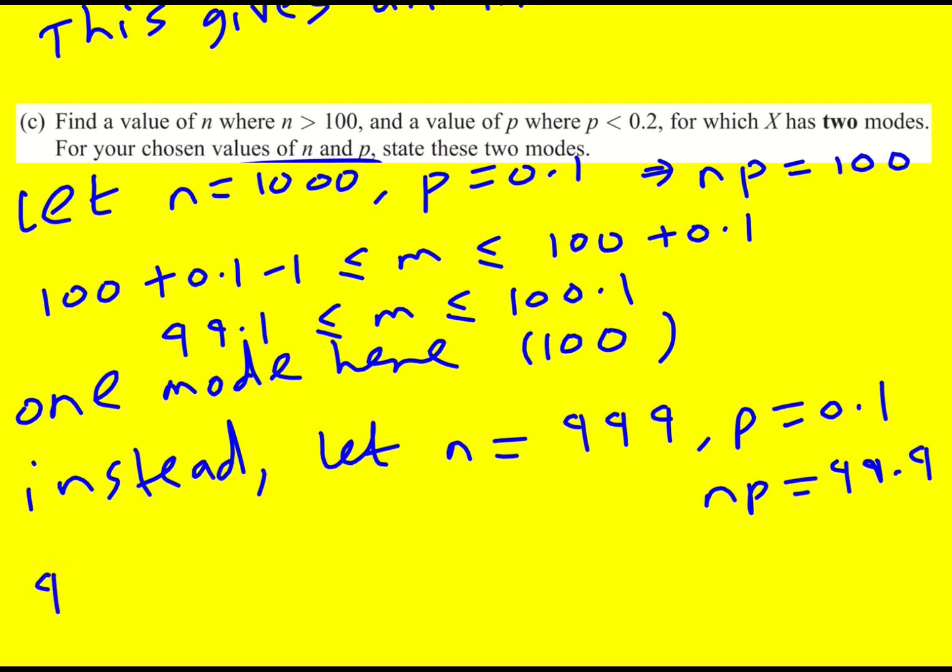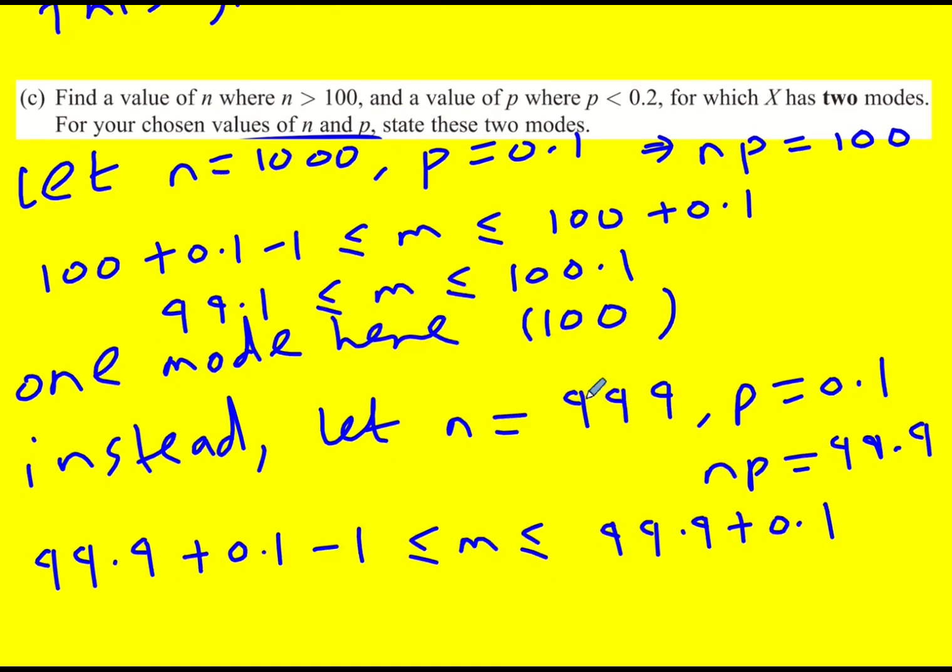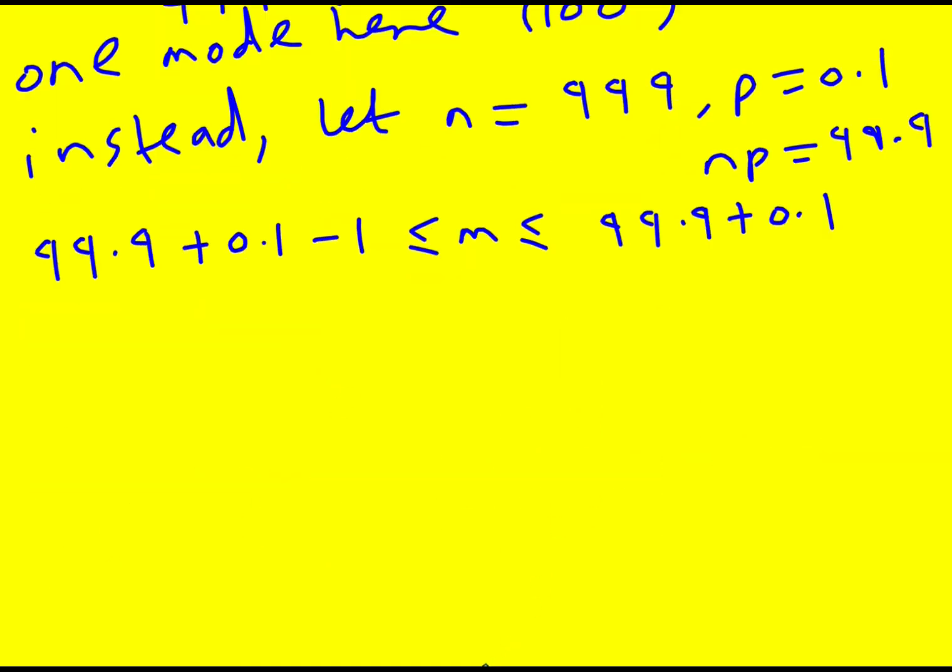So now I'm going to get 99.9 plus 0.1. See, this is now going to be a whole number. And so is this. So this is not the only example. There's going to be lots, but basically you need to get the left-hand part a whole number and the right-hand part a whole number.